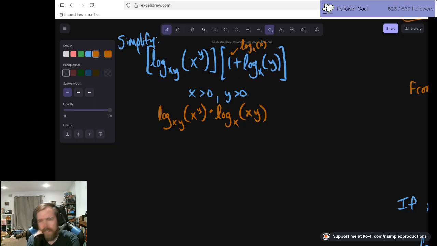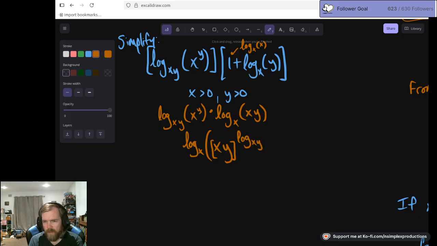Okay, slightly awkward, but this will work. We take log base x of xy raised to the log base xy of x to the y.